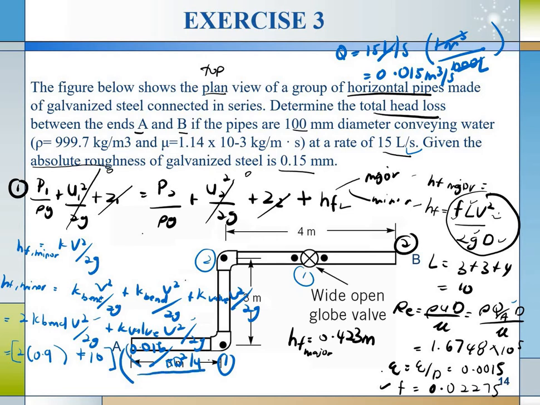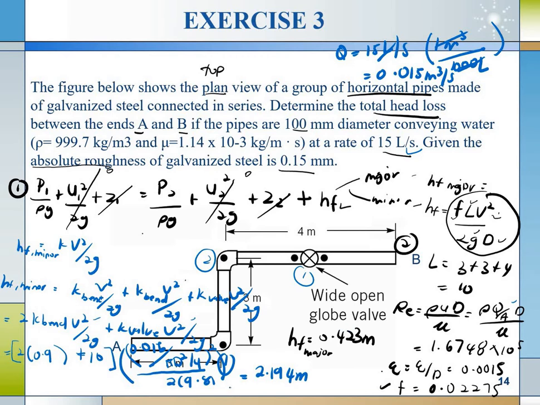So all of this is squared over 2G. So you will get the final answer of 2.194 m.